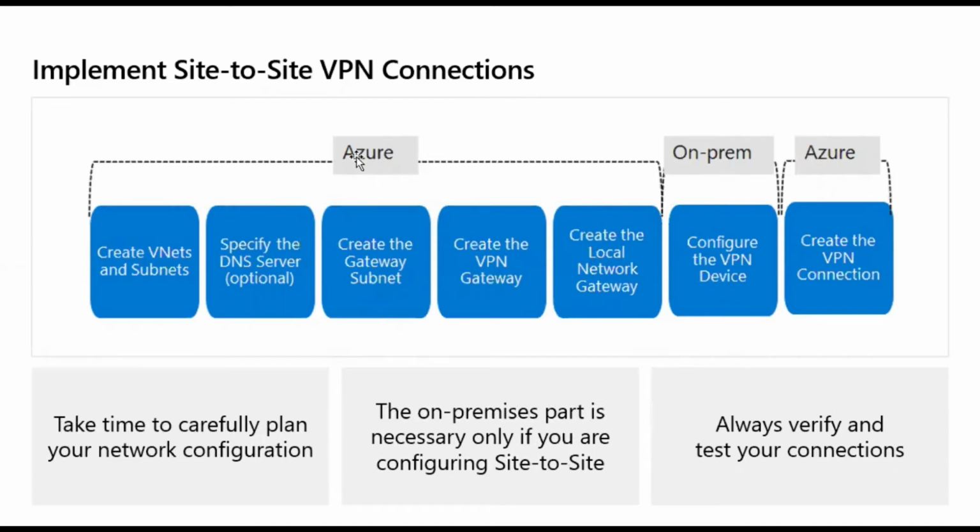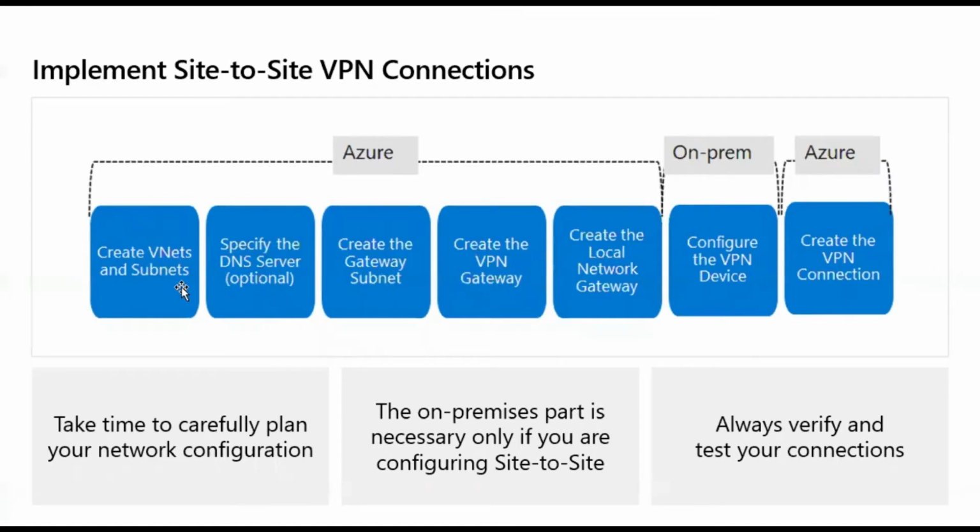So on the Azure side, we need to create VNets and subnets, specify the DNS, which is optional, create the gateway subnet, create the VPN gateway, and create the local network gateway. So these things need to be done in Azure.